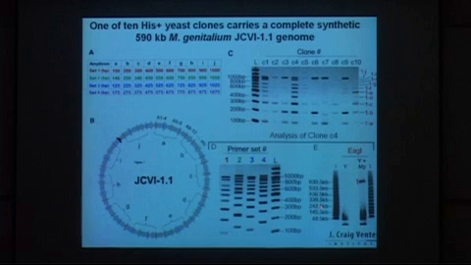Then if you isolate the whole genome from yeast and cleave it with, in this case, EagI, which has a single site on the genome, that releases this 592, I think, kb linear form of the genome. This is doing the same thing with the parent yeast strain that doesn't carry the clone.